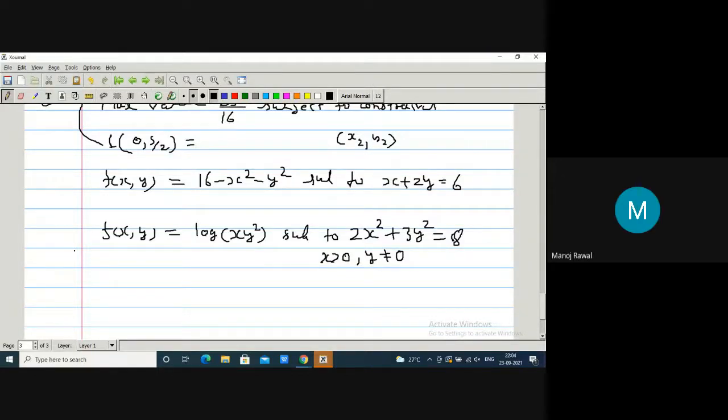Please try them and, after maximizing, take different points which are satisfying the constraint, and you will find the value at those different points is going to be less than or equal to whatever you get from the Lagrange multiplier. Or if you cannot think of any point that satisfies the constraint and gives a value of the function strictly greater than the value we are getting, then you will claim that yes, of course it is a maxima. If you cannot think of such a point, then though this is not a proof, I completely agree.